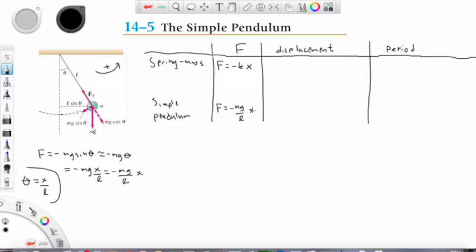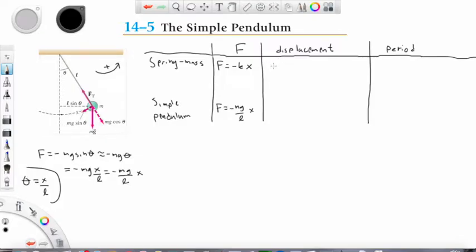So the restoring force is directly proportional to the displacement, but in the opposite direction. Exactly the same result that we had for the spring mass system.